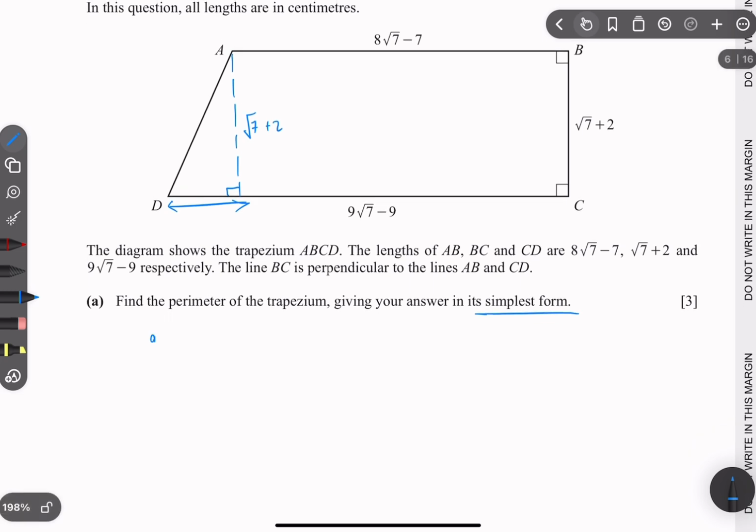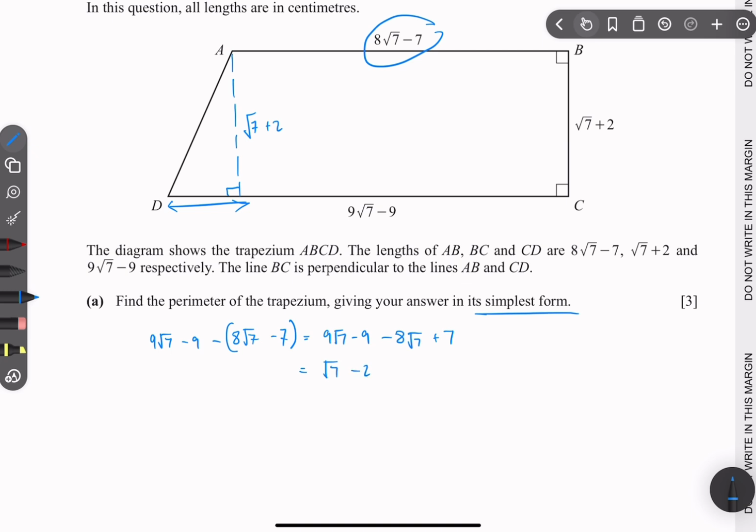So we just take 9 root 7 minus 9 minus this part. So root 7 minus 2.